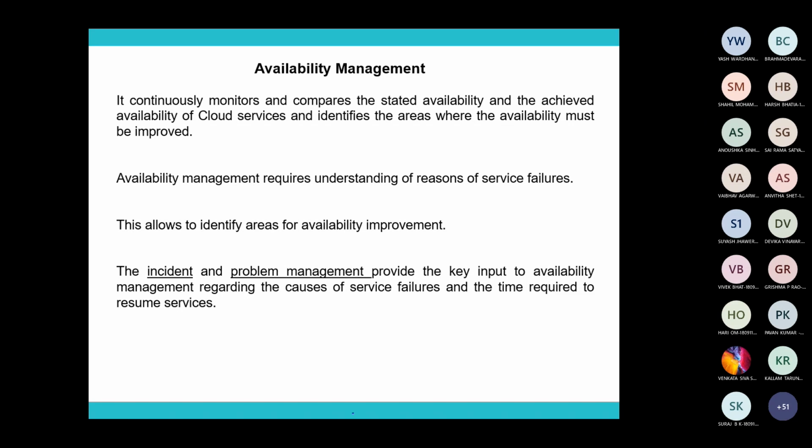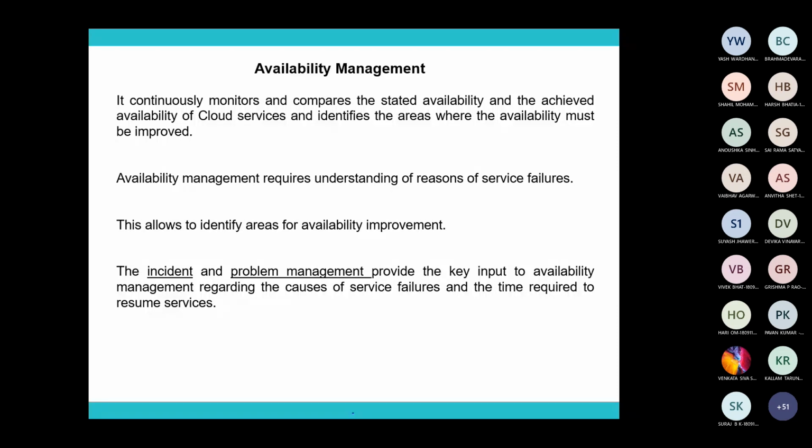Now what is the input for this availability management? The input for this availability management is incident and problem management. This will provide a key input to availability management regarding the cause of service failures and the time required to resume services.